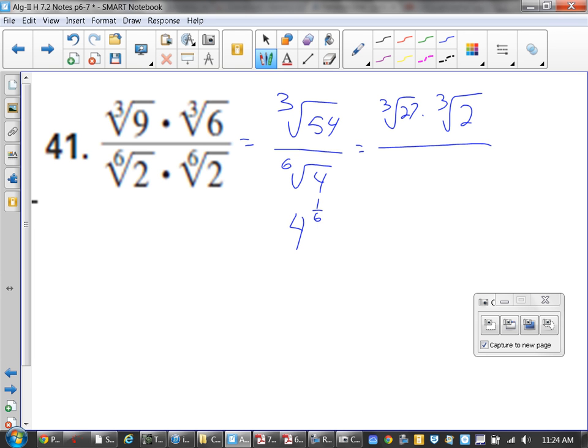Can I rewrite 4 as 2 squared? Yeah. And then you do 2 squared to the 1/6, isn't that 2 to the 1/3? Sure, because it's 2 to the 2/6. You have to have the same exponents to combine, we don't have that yet.